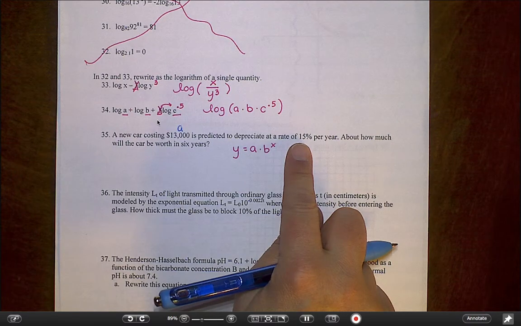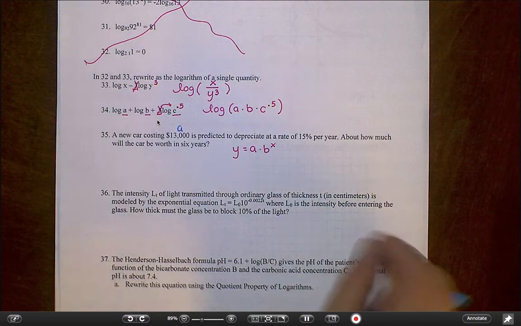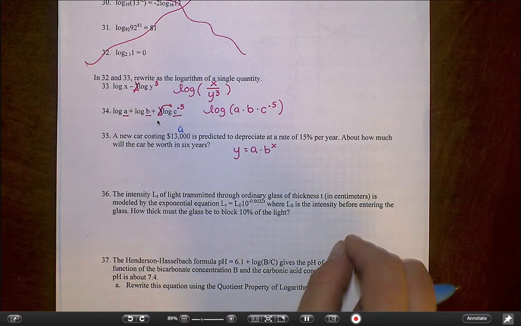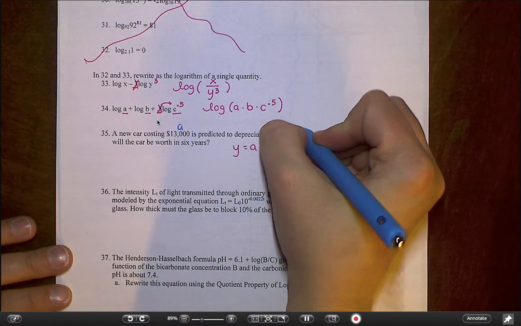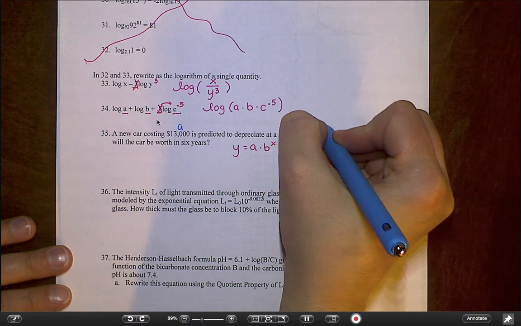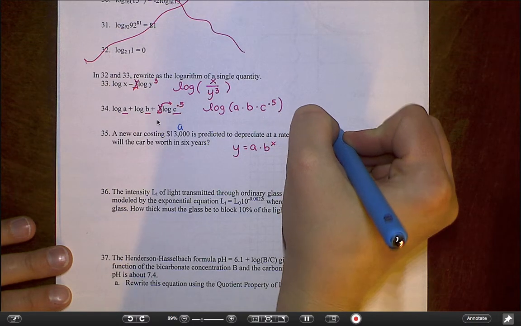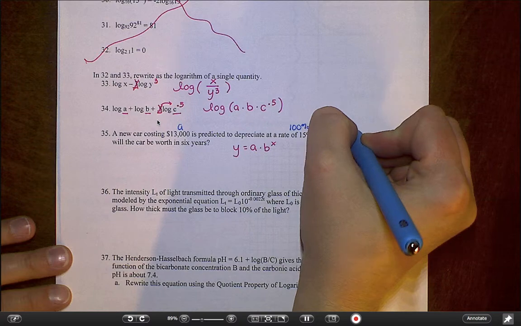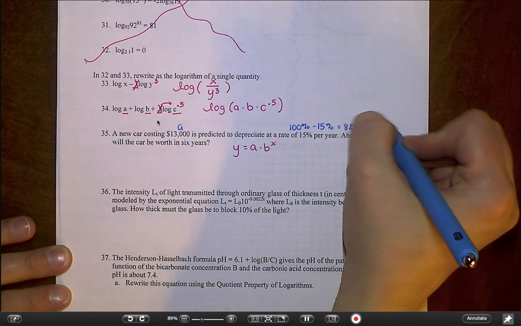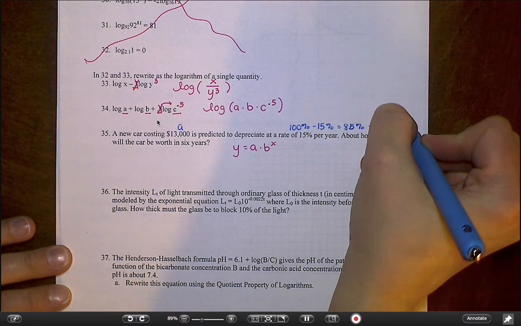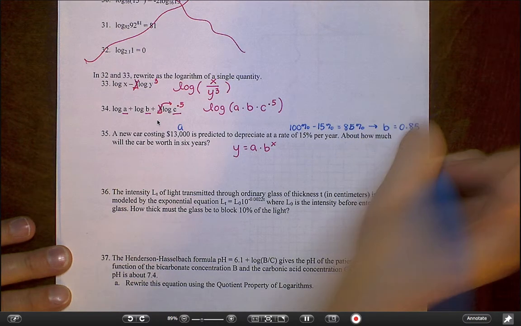What is the 15% that's being lost? I don't care about what I'm losing. I care about what I'm keeping. So I need to do 100% minus that 15% to find what's left over. And then I can say b must equal 0.85.